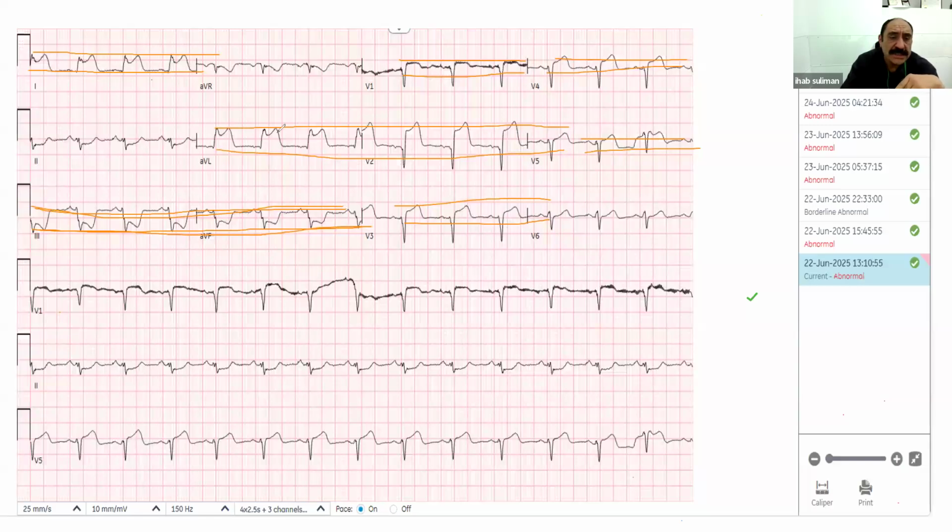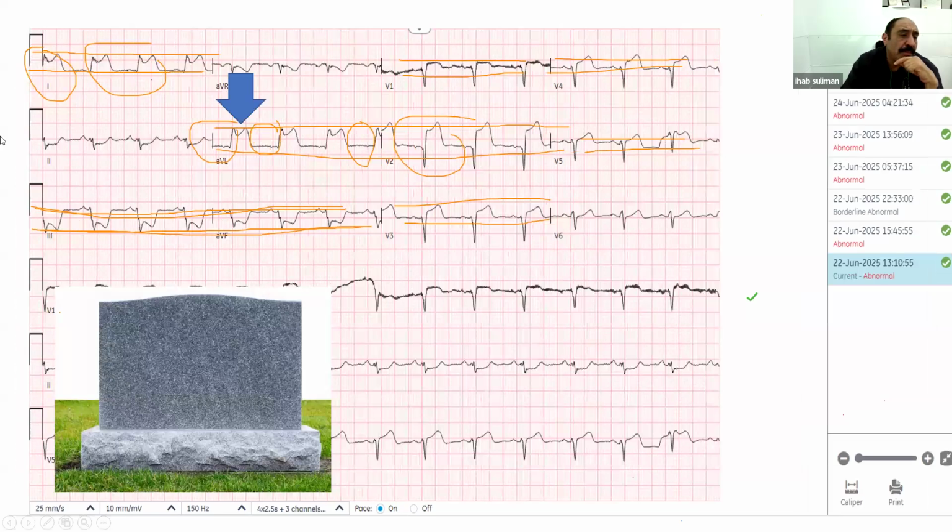What do you call the ST elevation in aVL and lead 1? What shape does this ST elevation resemble? As I show it to you, this is called a tombstone ECG. This is called tombstone ST elevation.